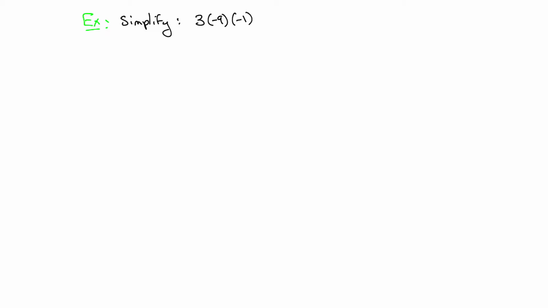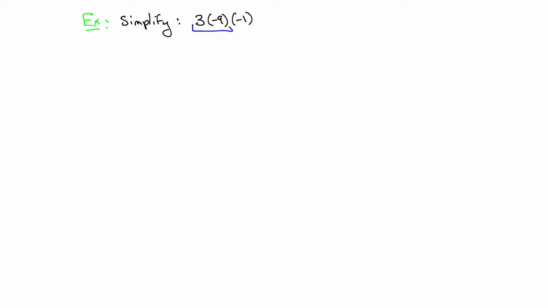But basically, commutativity means that you can jumble things around in multiplication and addition. You can jumble things around however you want. And associativity means you can multiply whatever 2 terms you want first. So you could either multiply 3 and negative 9 first, or you could multiply 9 and negative 1 first. It doesn't matter.